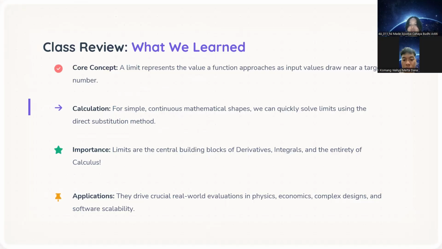Then we solved several examples and discussed situations where direct substitution works and situations where algebraic simplification is needed. After that, we explored the importance of limits and their applications in physics, engineering, economics, and computer science. Finally, we learned that limits are the foundation of calculus and help us understand change and motion in the real world.